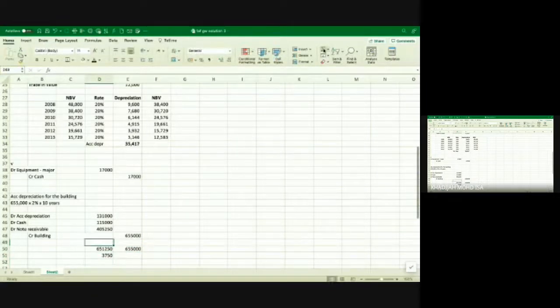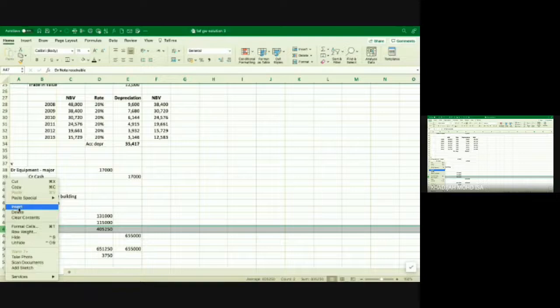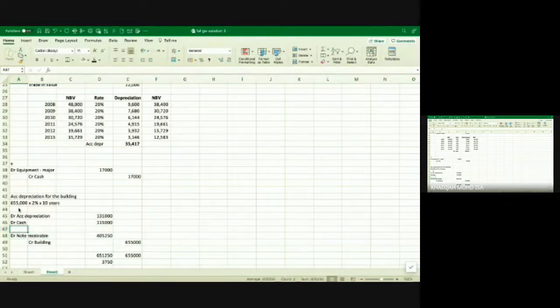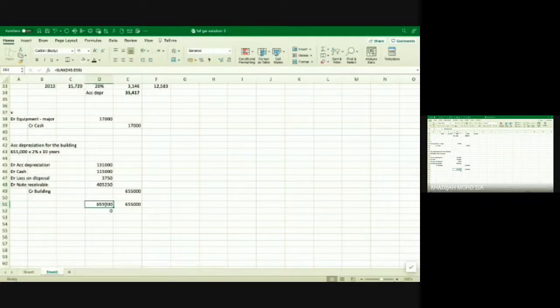So the 3,750 must be on the debit side, so it has to be a loss. If you have 3,750 there, then you have a balance of 655,000 on both sides. So you know that this one is a loss on disposal. So that's how you do it.